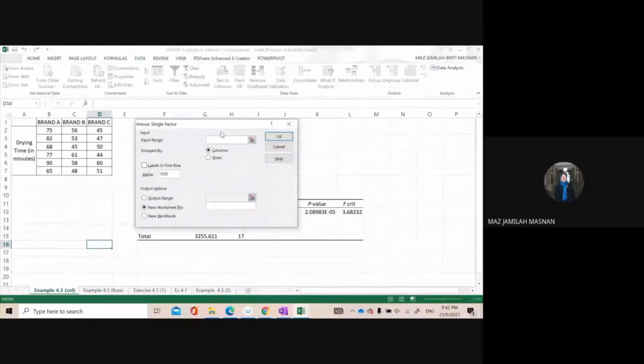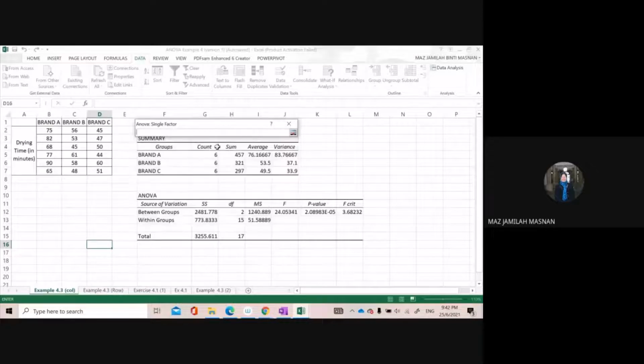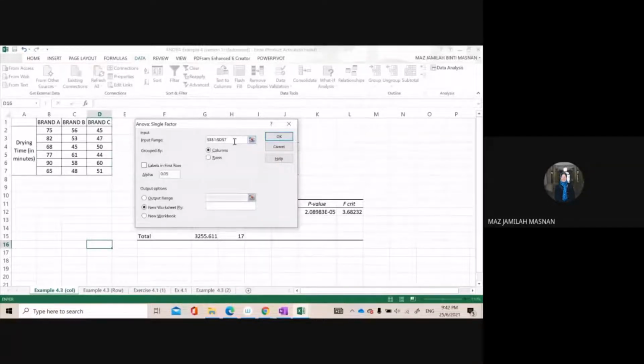You have your input range. Click at the red arrow, and then go to your data, include the brand name, and highlight until everything is inside. Check, everything from B1 until B7. Then click again here. Fine.